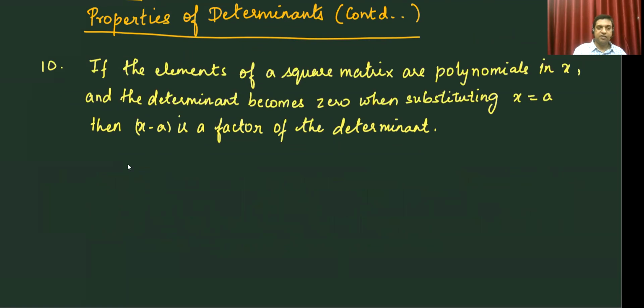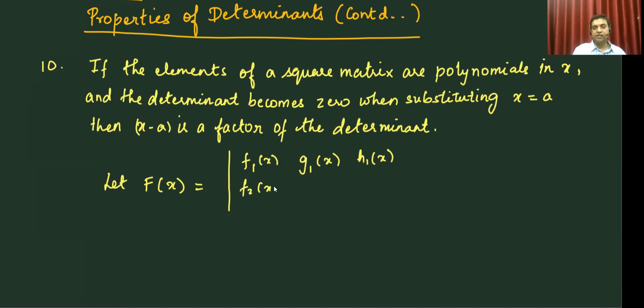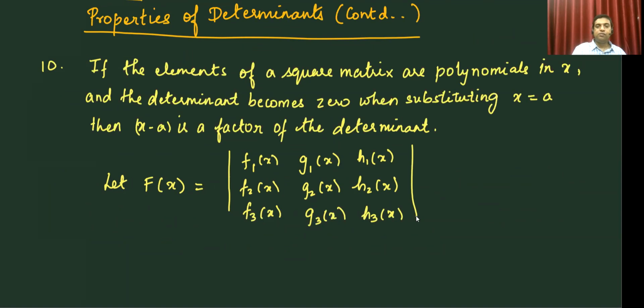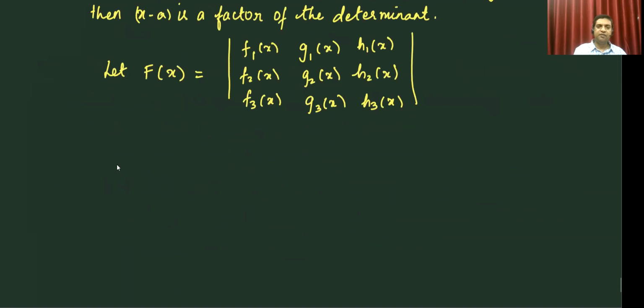So let us say here, let f of x be the determinant of f1x, g1x, h1x, then f2x, g2x, and h2x, and so on.